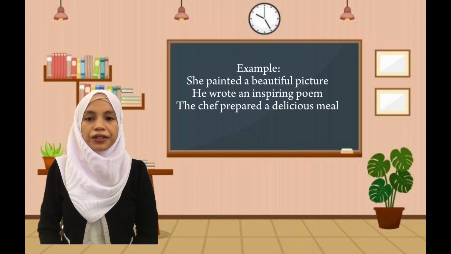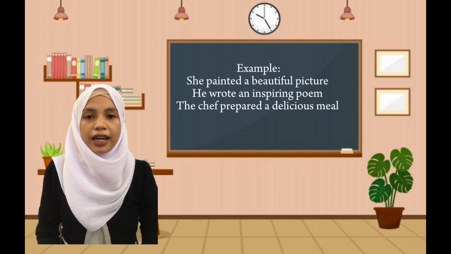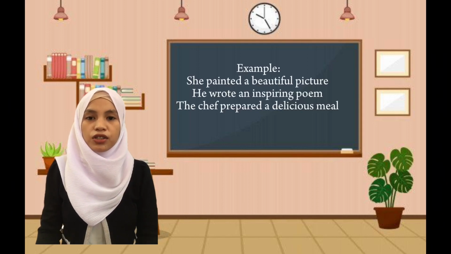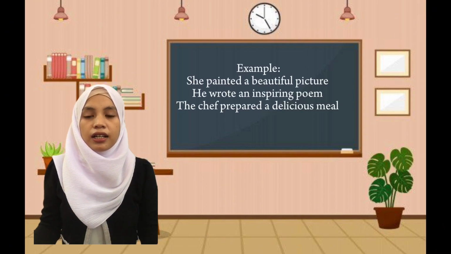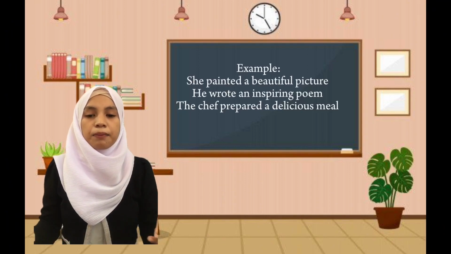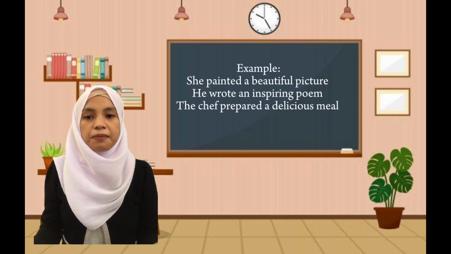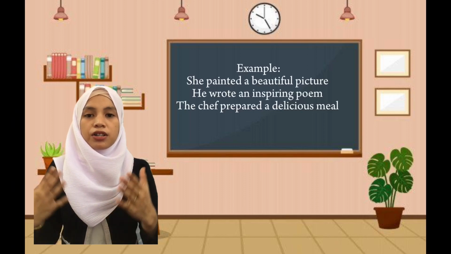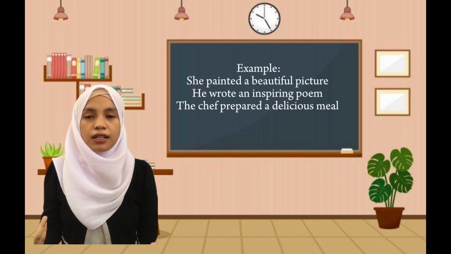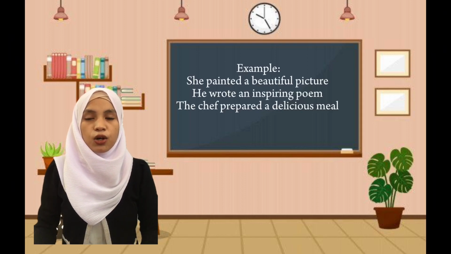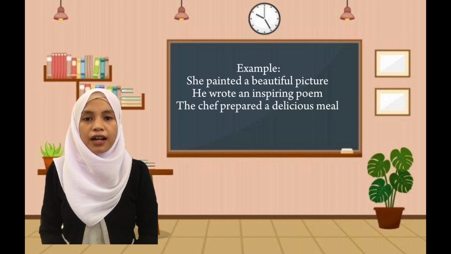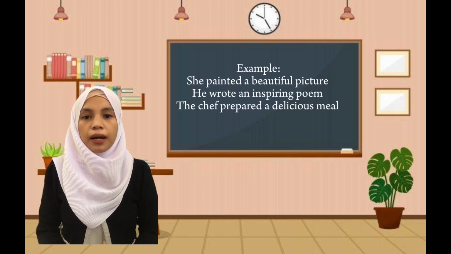Okay, very good. The subject is she and the object is the beautiful picture. Why do you think so? Okay, very good. Because she is the subject who is performing the action of painting, and the object of the action is the beautiful picture.